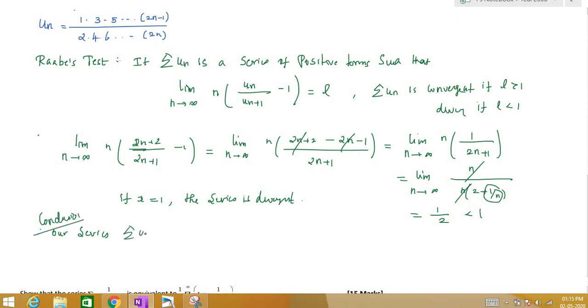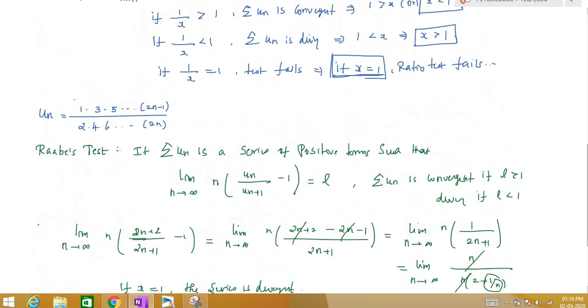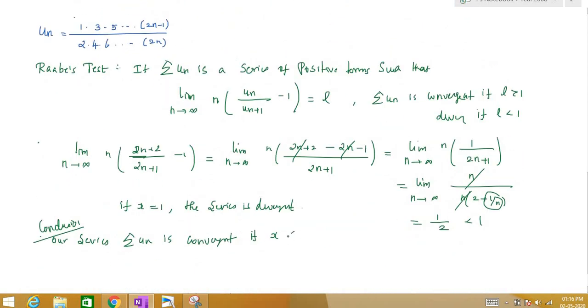Our series summation un is convergent if x is less than 1. It is divergent if x is greater than or equal to 1, because for x equal to 1 also we have proved that it is divergent.